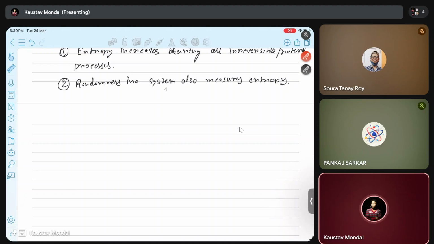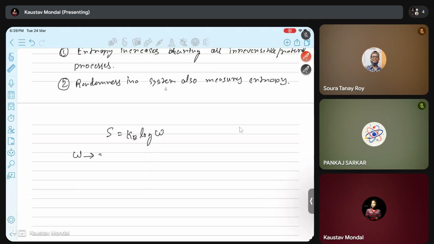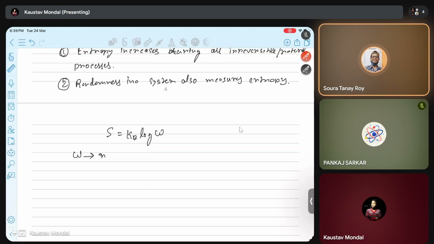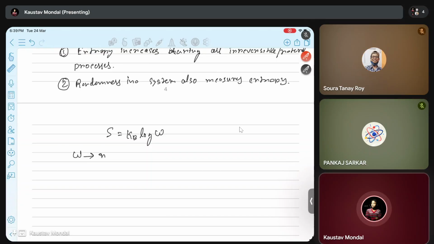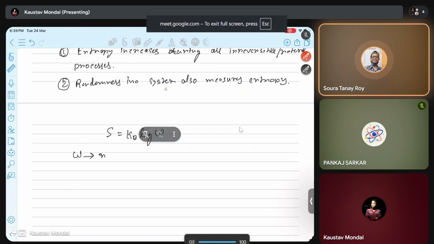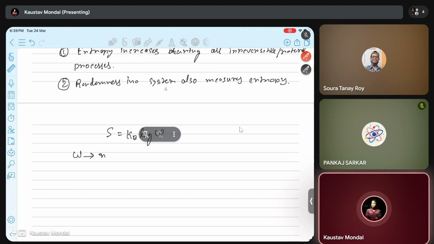That formula is given by S equal to kB log W, where W is the number of microstates, the number of accessible microstates for the system.